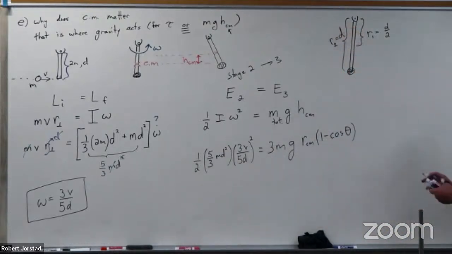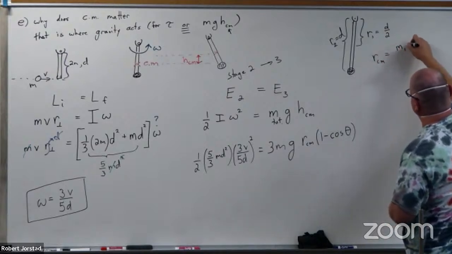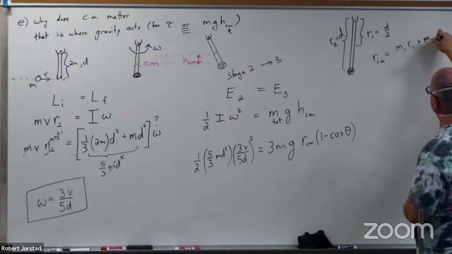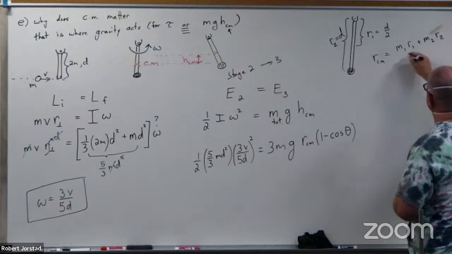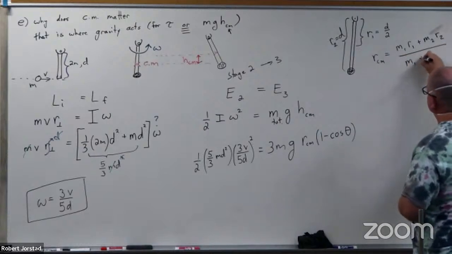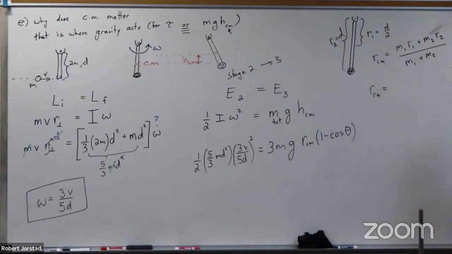So the radius for the center of mass should equal mass 1 radius 1 plus mass 2 radius 2, over the total mass. What's mass 1 in this case? What is object 1 in this picture?